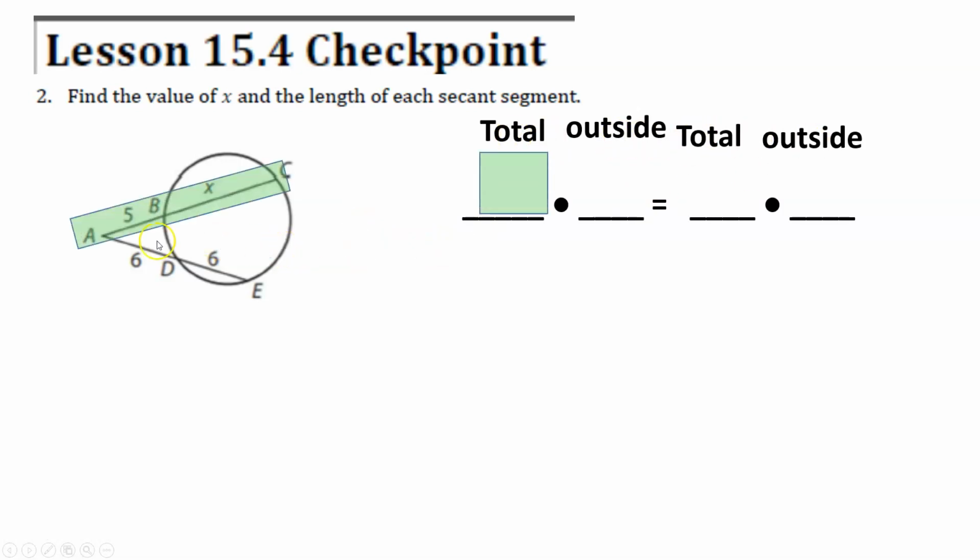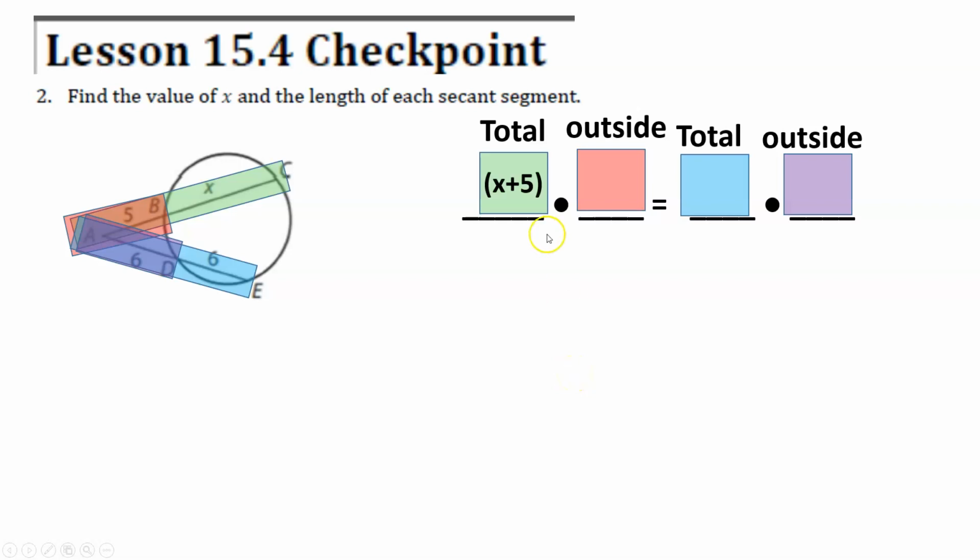So in this case, total is 5 and x, or I'm going to let you fill that in. Here's 5, and then your total here, and the outside part there. Go ahead and fill in what you can. And unpause, that should have been x plus 5, 5, 12 and 6.